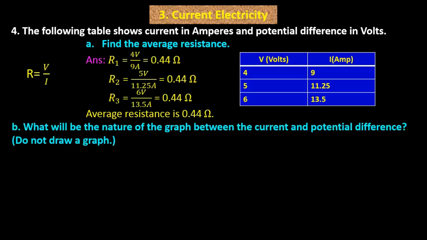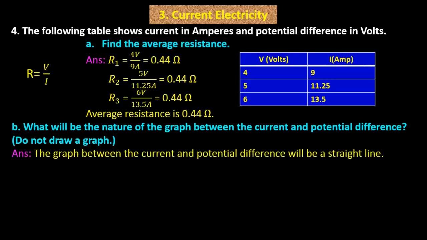B. What will be the nature of the graph between the current and potential difference? Do not draw a graph. Answer: the graph between the current and potential difference will be a straight line. C. Which law will the graph prove? Explain the law.